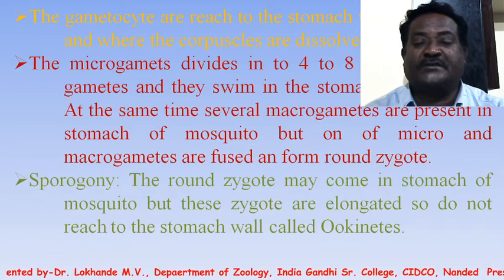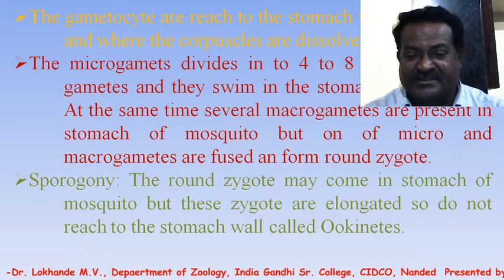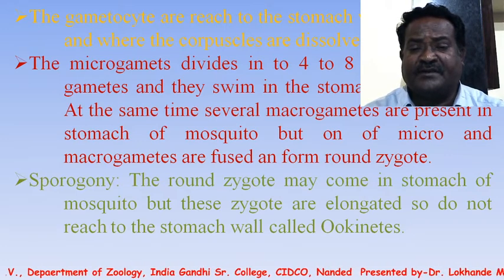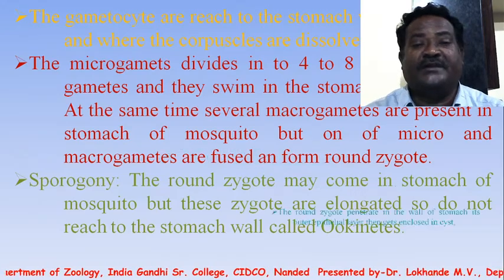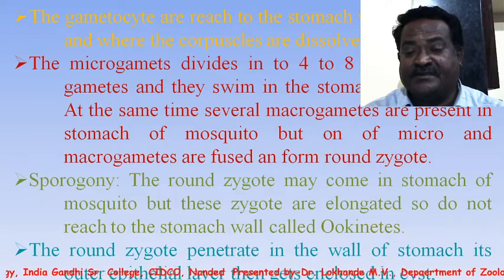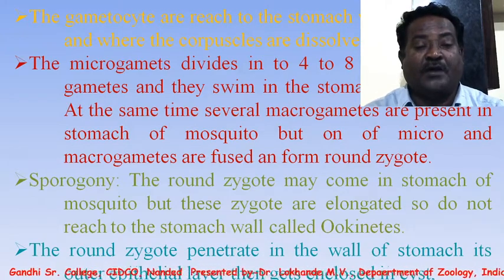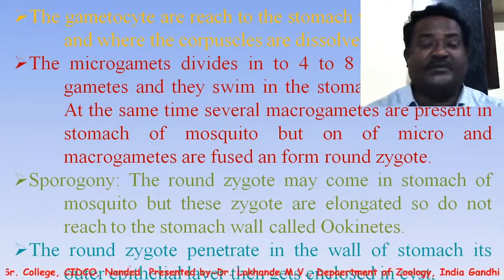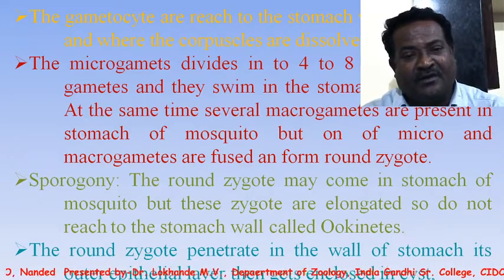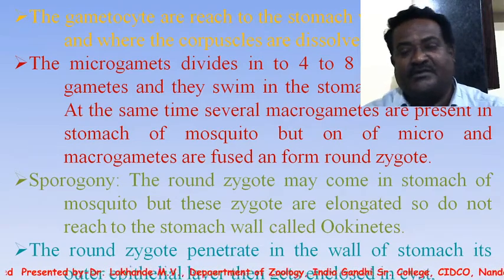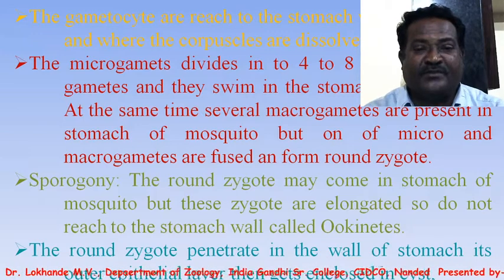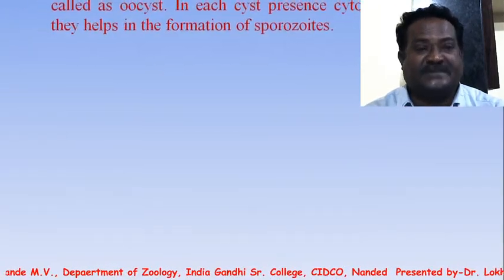It is called the ookinete. Because they are elongated in structure, they convert into ookinetes, and these ookinetes penetrate the wall of the stomach, and the outer epithelial layer then gets enclosed in a cyst. They push through the inner wall of the stomach and go to the outer wall of the stomach, and it forms a wound-like structure. That wound-like structure is called the cyst.